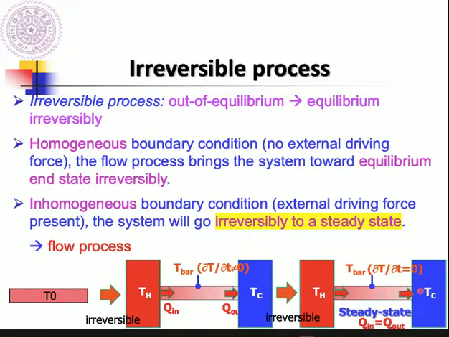Some people ask me, Professor, how about if I move the heater and cooler out? Then the temperature profile was here like this, right? And it will go back to this, and this process is also irreversible. But we don't have a constant driving force; during this process the driving force varies with time, right?